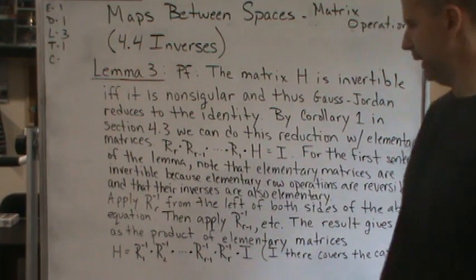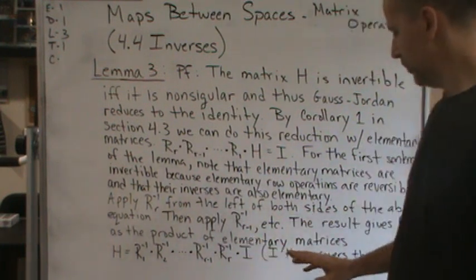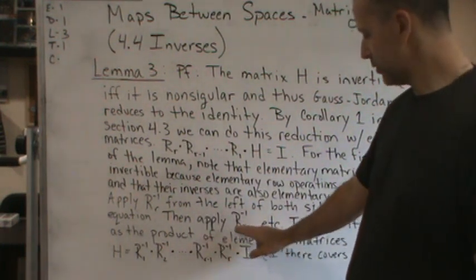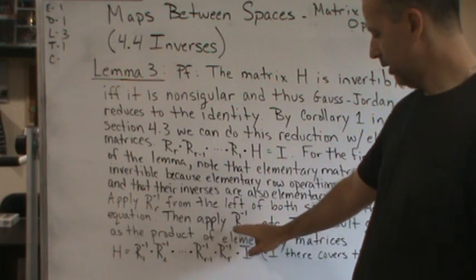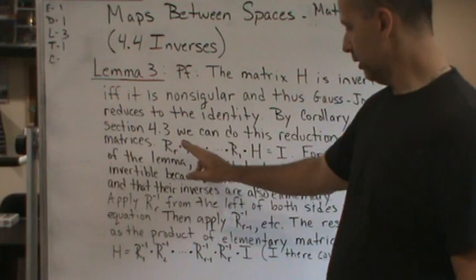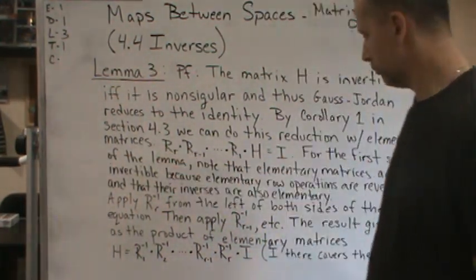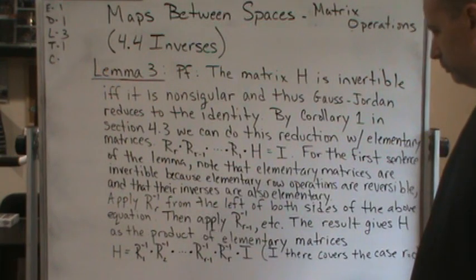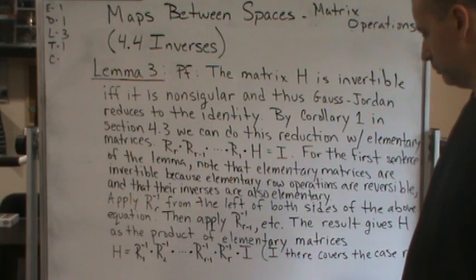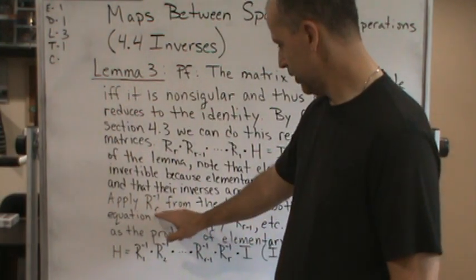So we can start applying, for example, the inverse R1, right? Here, we can start multiplying on the left of each side, right? Or not this one, I'm sorry. Looking at the wrong one. This one. Start with this one.